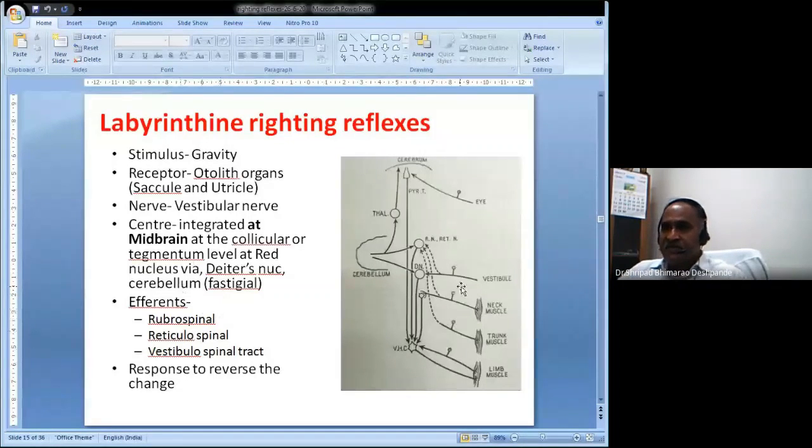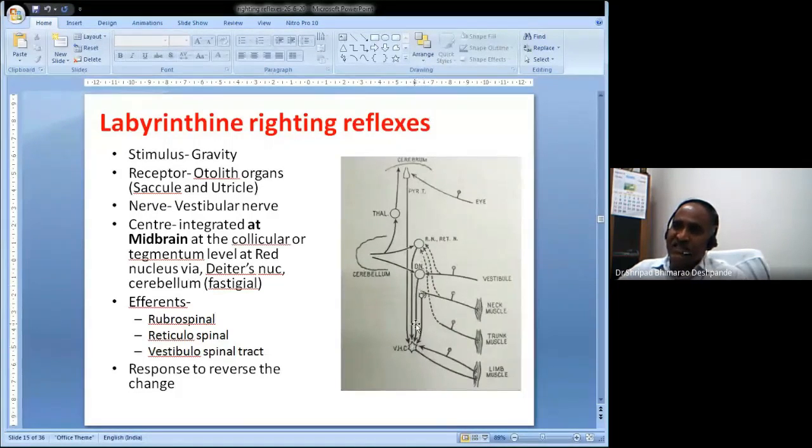Then the efferents. The efferents pass through the rubrospinal tract, or the reticulospinal tract. That means you have a reticular system here that is not shown, and you can have a reticulospinal tract. Then the vestibulospinal tract, from the Deiters nucleus, that is the vestibular nucleus, downwards.